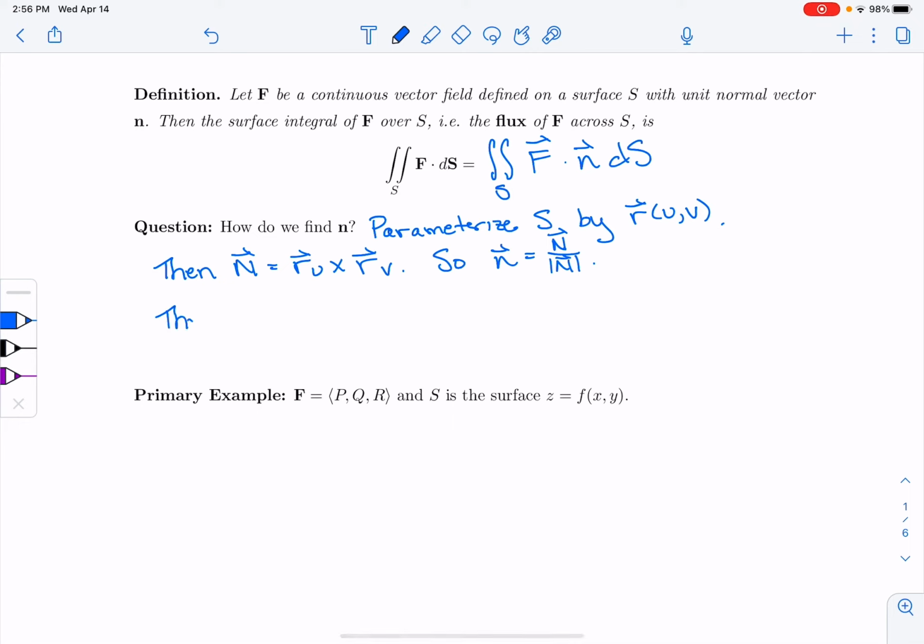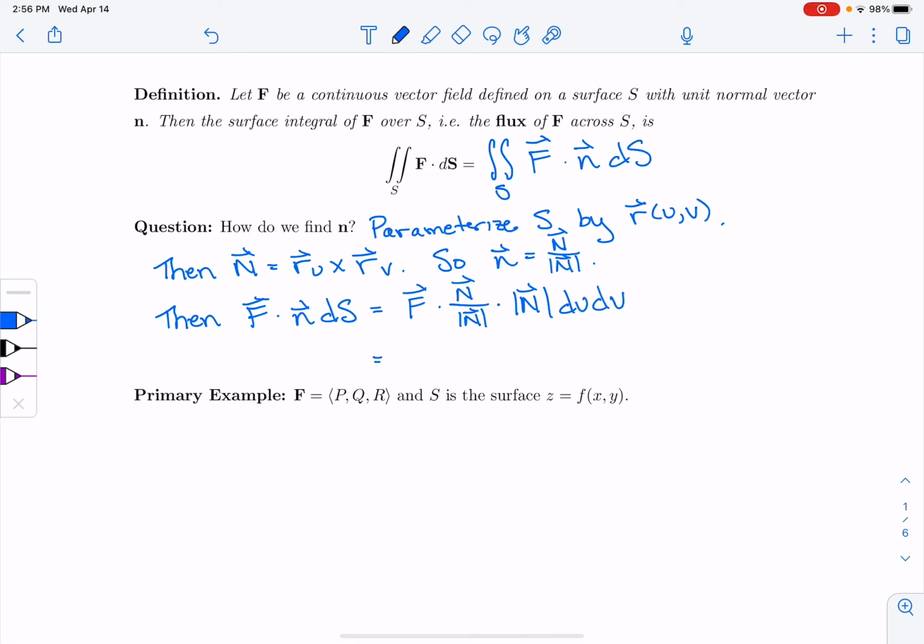Well, what does that mean for the terms f dot n ds? Well, if we do f dot capital N divided by the magnitude of capital N, then we learned previously that ds can be described as the magnitude of that normal vector du dv.